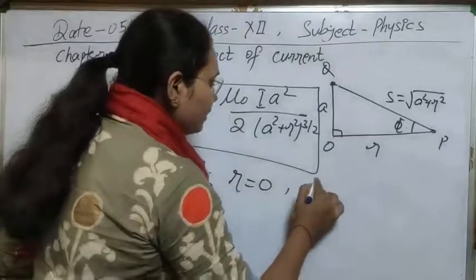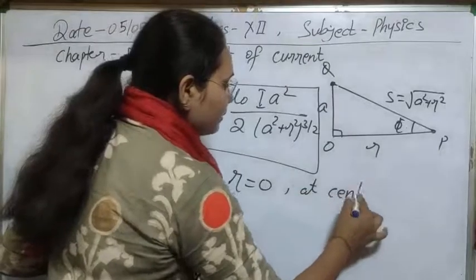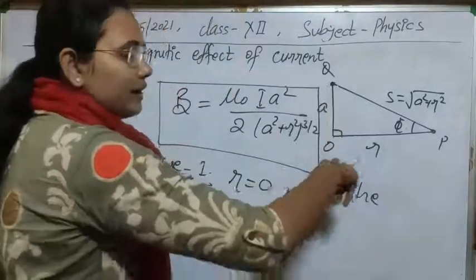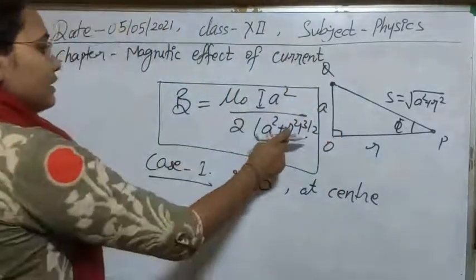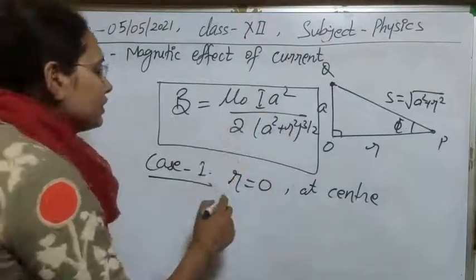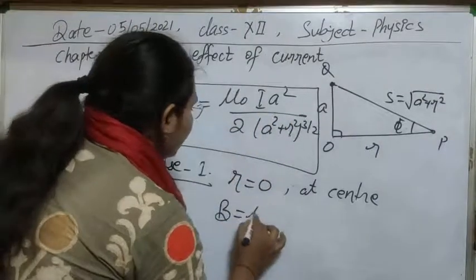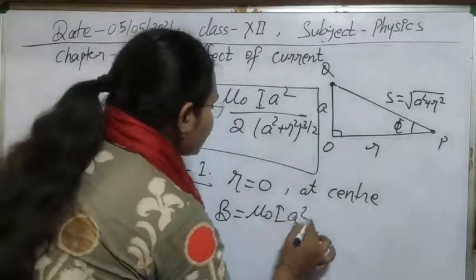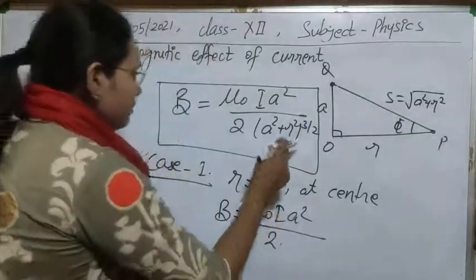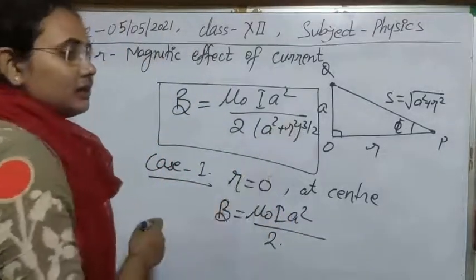What will be the magnetic field at the center due to this current carrying loop? If you put R equal to 0 in this equation, then B is obtained as mu 0 I A square upon 2 times A square power 3 by 2.